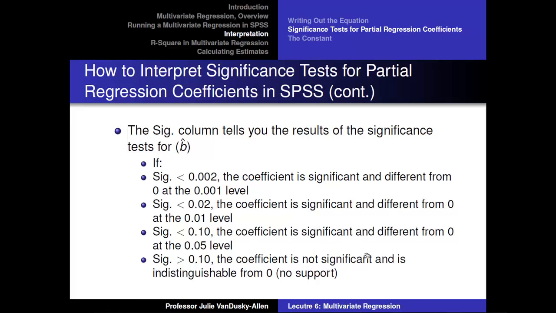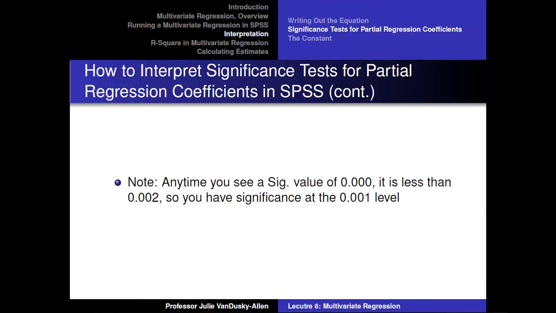Now let's say your sig value is greater than 0.10. That means your coefficient is not significant and is indistinguishable from 0. You do not have support for your hypothesis. An important note before I move on: anytime you see a sig value of 0.000, that is less than 0.002, so you have significance at the 0.001 level.